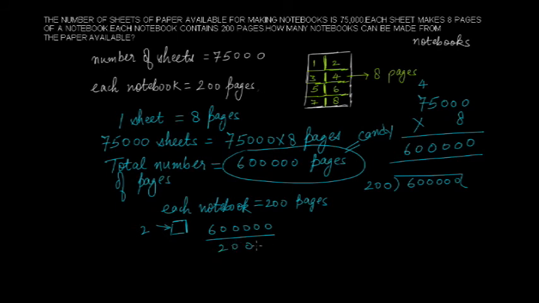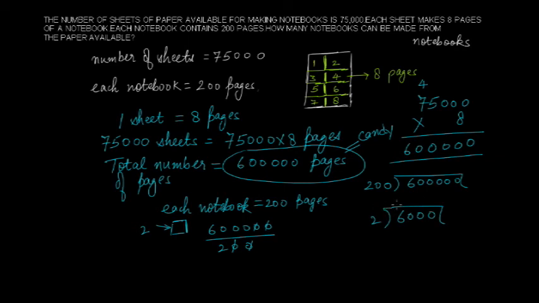So the best way is first cancel these zeros. If you have two zeros in the denominator and 2 zeros in the numerator, now you'll be left with 6,000 divided by 2. This will be much shorter, right?